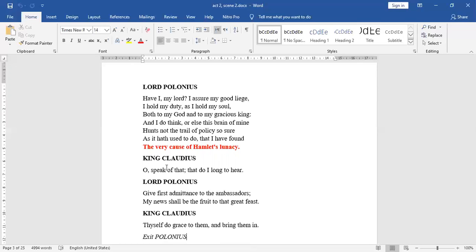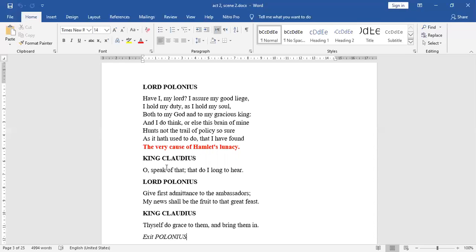Gertrude prefers that Polonius get to the point. She tells him, be brief and go to the point, don't use so much rhetoric. Polonius, however, feels excessively self-important and will draw out his explanations as long as he can.